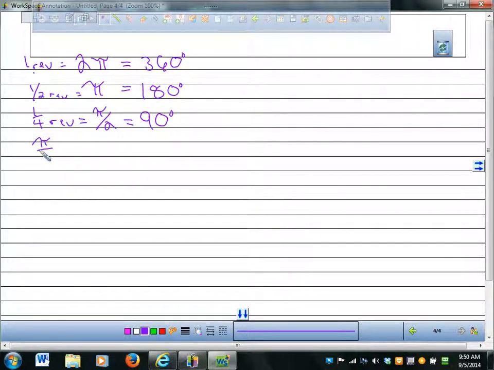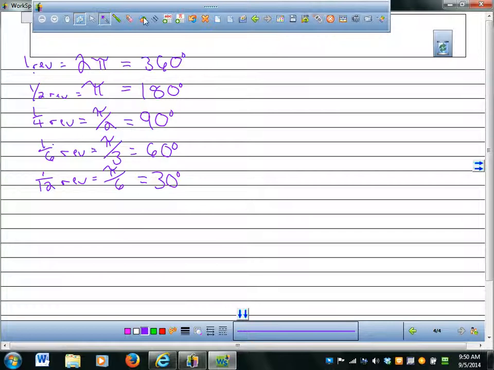Pi over 3 would be 1/6 of a revolution, and that's 60 degrees, right? Because if I take 1/3 of 180, I would get 60. And another one that comes up a lot is 1/12 of a revolution would be what? Pi over 6, which is 30 degrees. Okay? Good. Those are some useful things to know.